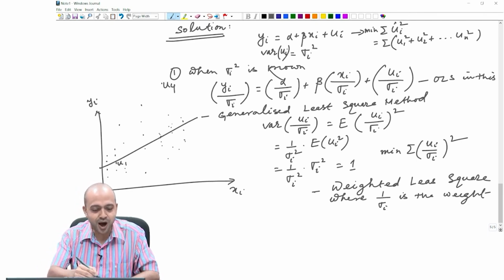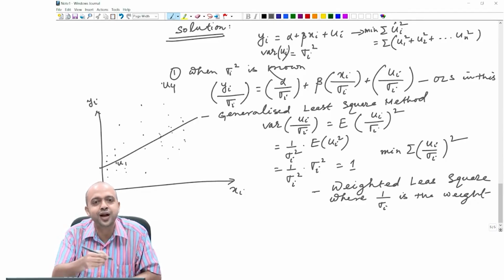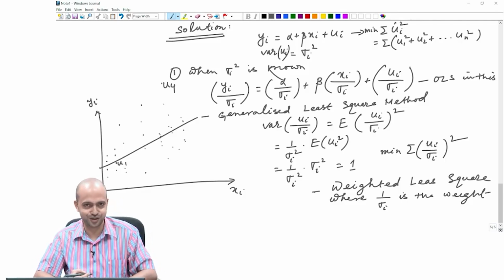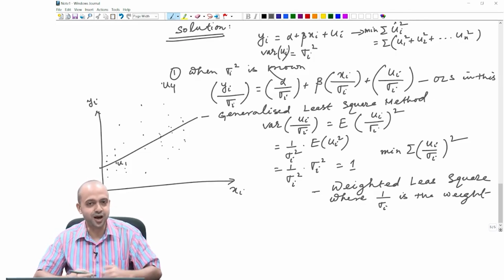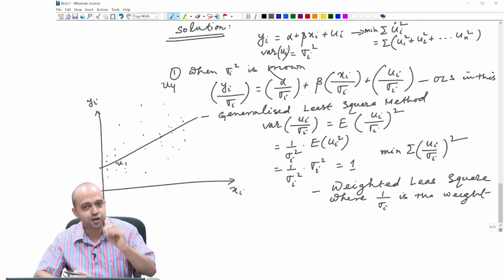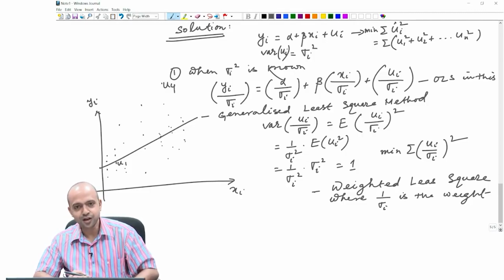That means when your distance is too far from the predicted line, I will attach only the lower weight. So, weight is inversely proportional to the distance of the error term from this. So, that means higher the value of the error term, lower the weight I am attaching.